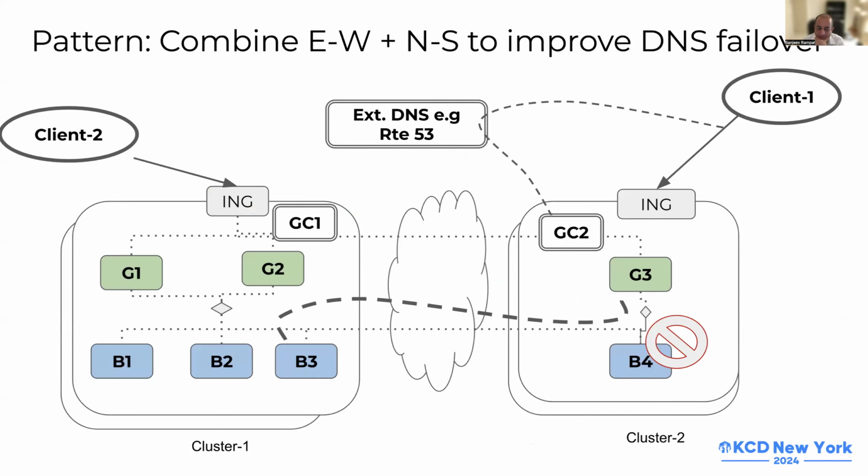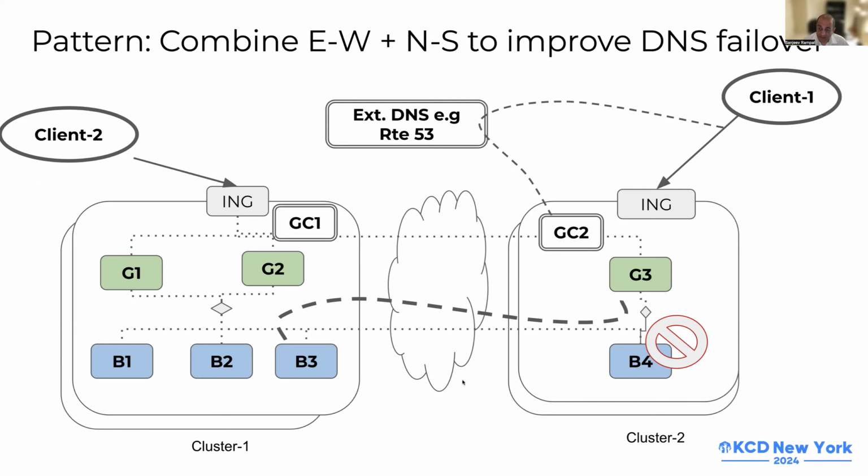The final pattern I'll discuss for this particular session is that you can now actually combine these patterns. So we talked about the north-south load balancing, and we talked about the east-west. But you may want to combine them. So we said earlier, the DNS based north-south load balancing has the benefit that you don't need any cross-cluster networking.